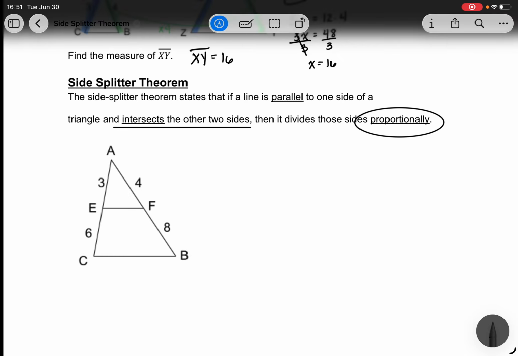So proportionally means it's going to have the same scale factor. When we have the same scale factor, that also means that we have a proper dilation, which also tells us that both triangles will be similar.